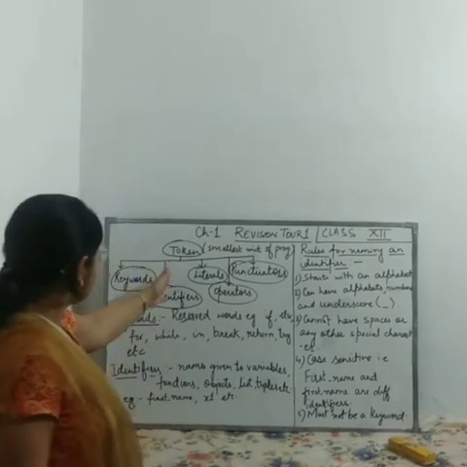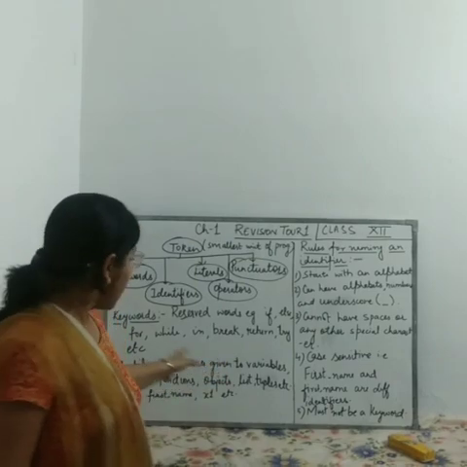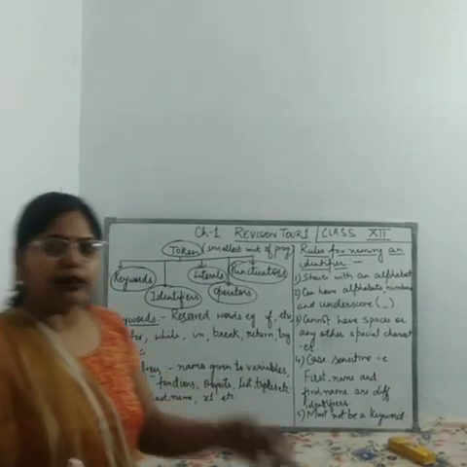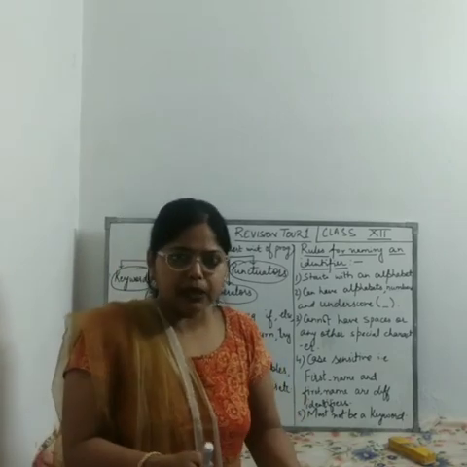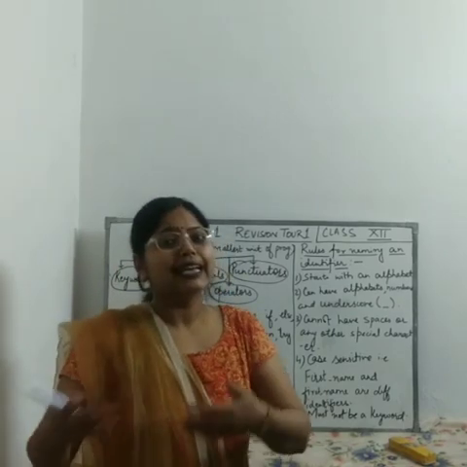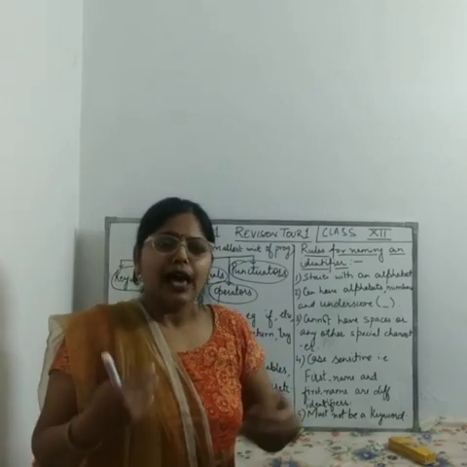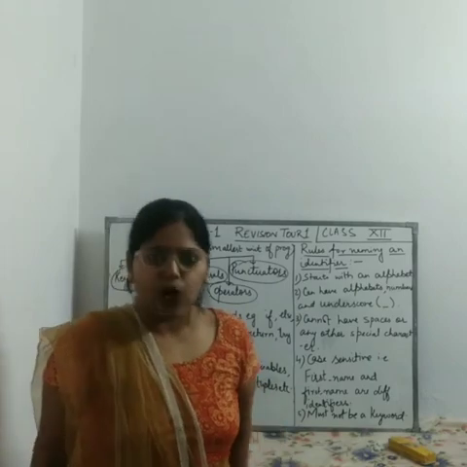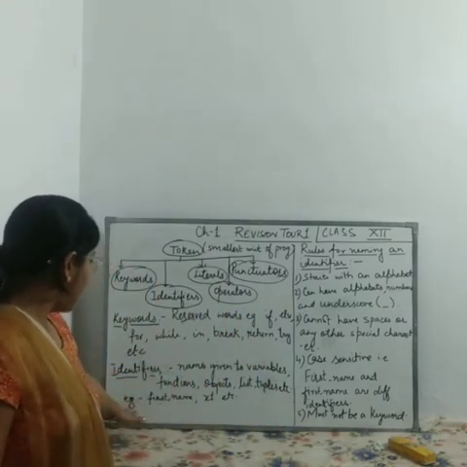Next come the identifiers. Now what are identifiers? Identifiers are the names that we give to variables, functions, classes, objects, lists, tuples, dictionaries, and so on. First of all, we'll have an example over here.